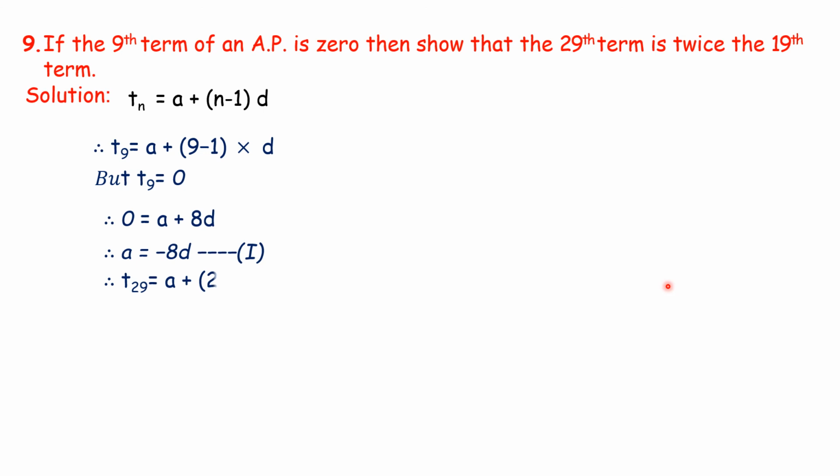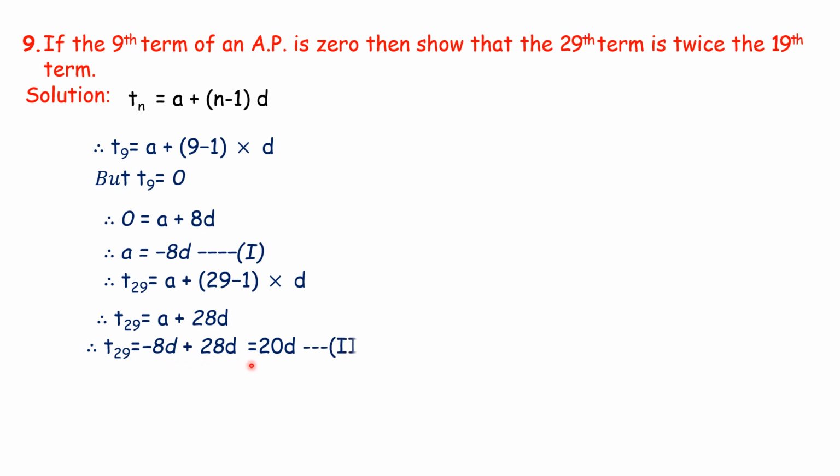The 29th term is equal to a plus (29 minus 1) into d. Therefore, the 29th term is equal to a plus 28d. Now substitute the value of a, that is minus 8d plus 28d, which is equal to 20d. This is statement number 2.